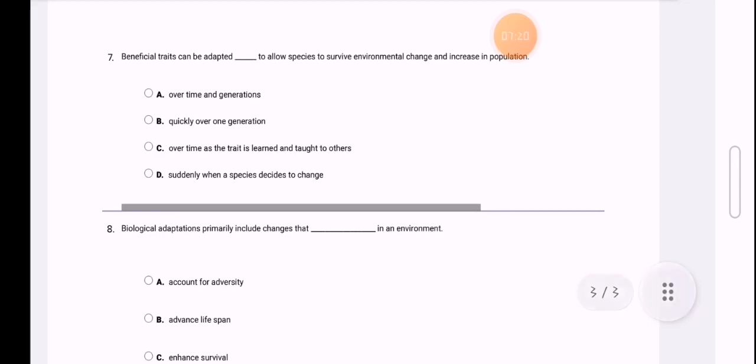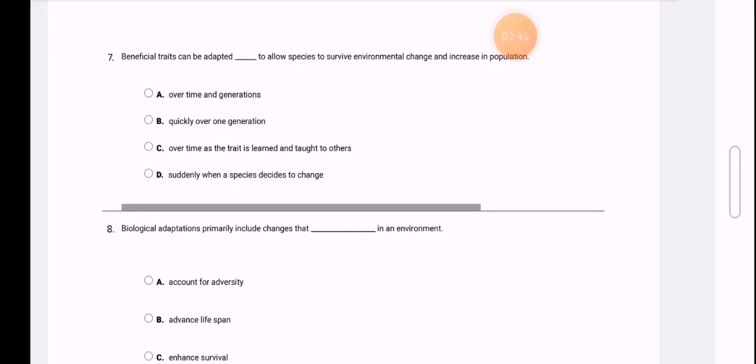Number 7, beneficial traits can be adapted to allow species to survive environmental change and increase in population. Population means the number of the living organisms, and beneficial here means the positive side of the traits. Over time and generations, or quickly over one generation?